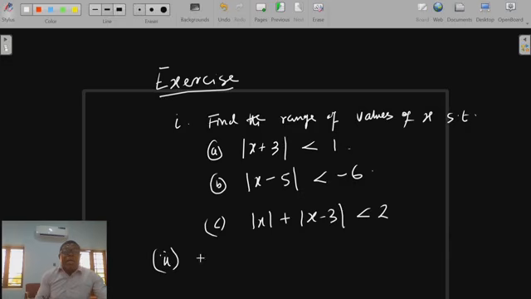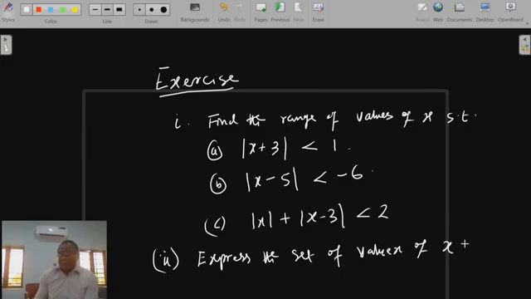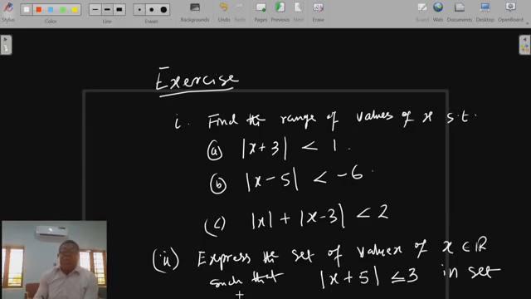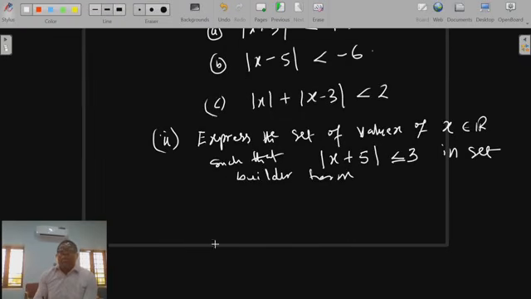Number II, express the set of values of x in R such that absolute value of x plus 5 is less than or equal to say 3 in set builder form.